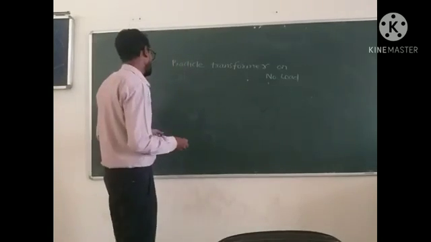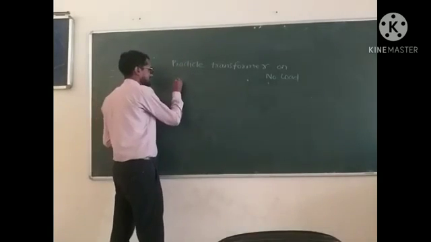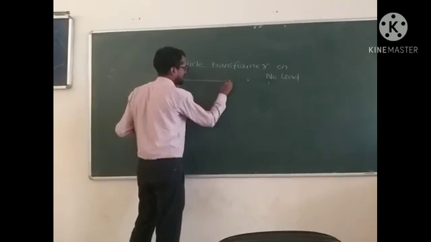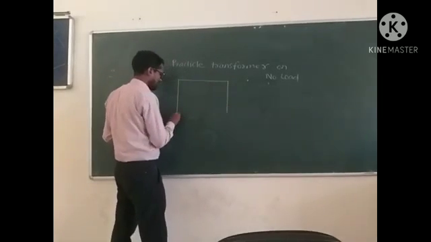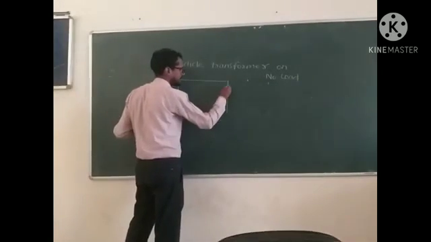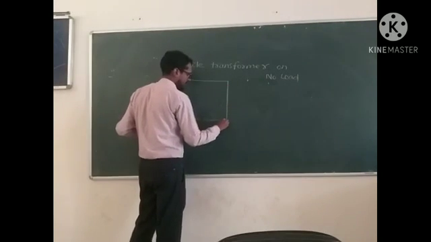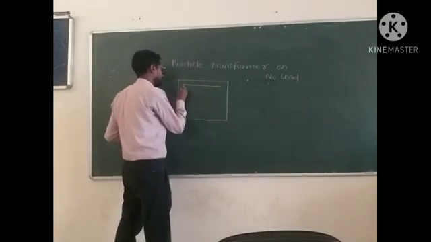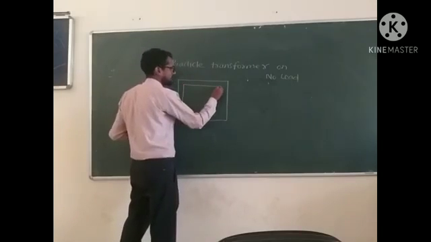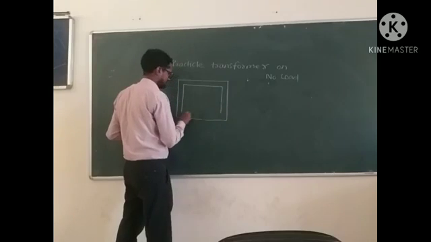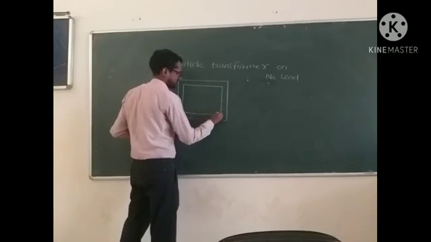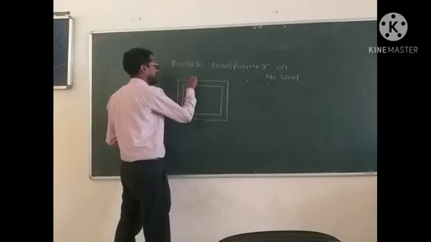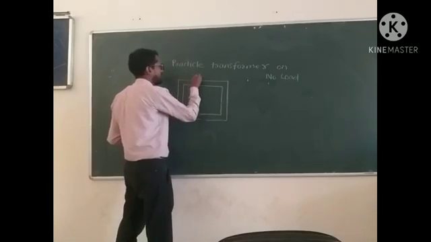For that we have to draw a simple circuit diagram. Last lecture we already drew this diagram, and here we will also draw it. First of all, I will draw the magnetic core. This is the magnetic core.